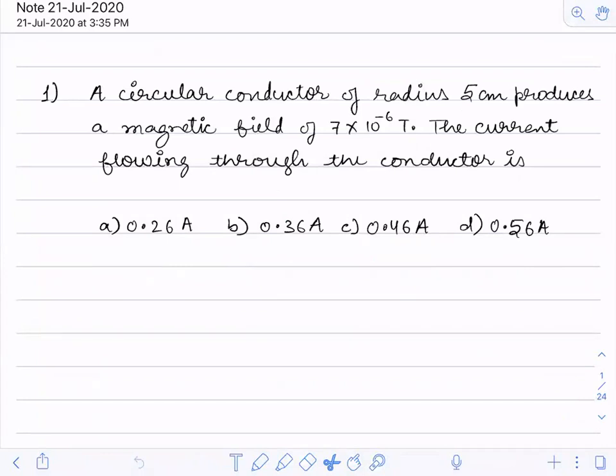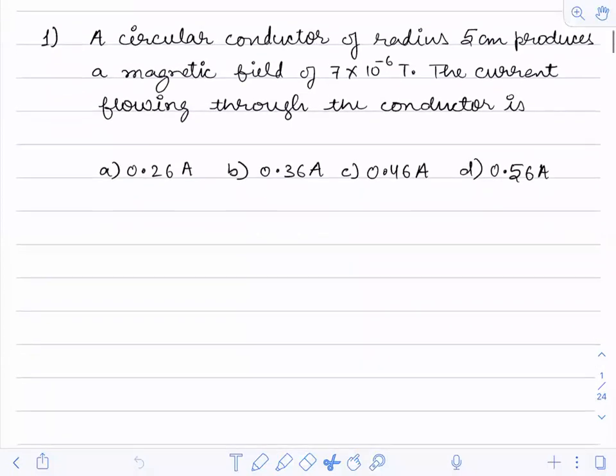First, we'll discuss the questions which I had given yesterday, then the questions from the day before yesterday. So we'll go like Thursday, Wednesday, and Tuesday. Like that we'll go. So yesterday's question I'm going to discuss.